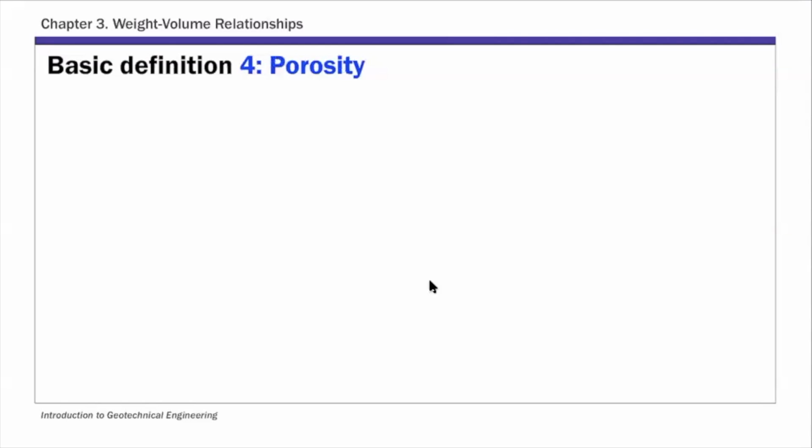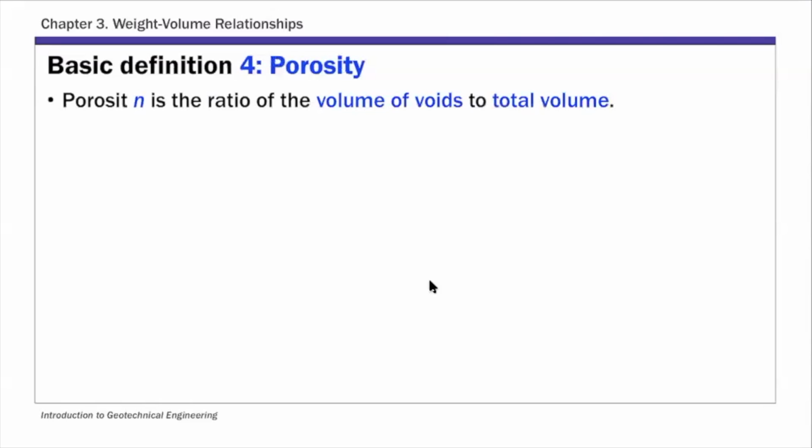And number 4 here is porosity. Porosity is very similar to void ratio. This is also a ratio between two volumes, defined as volume of voids, but this time over total volume. For porosity, we use letter n: volume of voids over total volume V. So that's porosity.